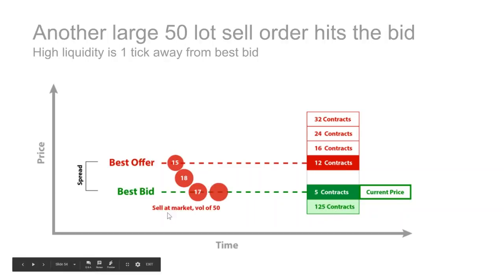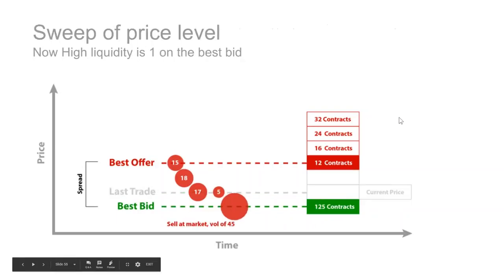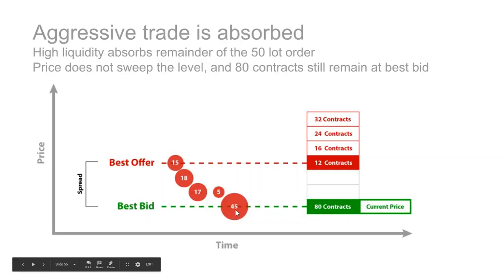Okay. So they sweep it again here. Sell market order volume of 50. Okay. What happens? They hit the bid, those 5 trade, and now we have a volume of 45 trading into these 125 contracts. Okay, the 45 trade, now that becomes 80 contracts here on the best bid.